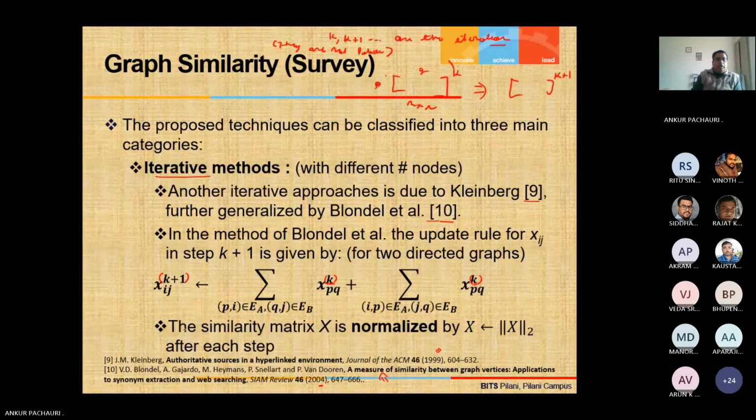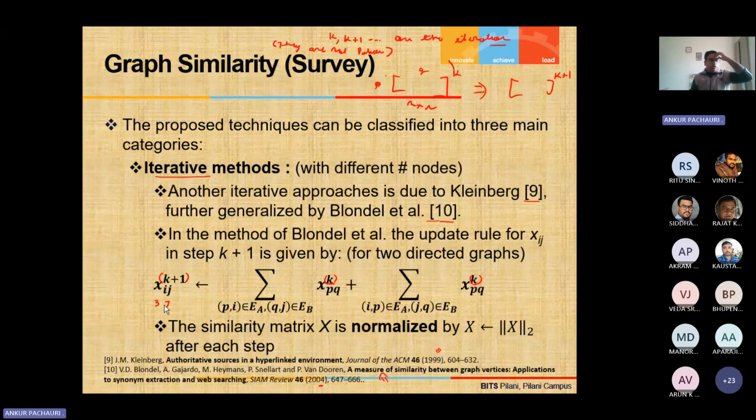Okay, and the summation. So suppose, for example, I'm trying to find out the similarity scores from a matrix X for a particular node I and J. Suppose I is 3 and J is 7.